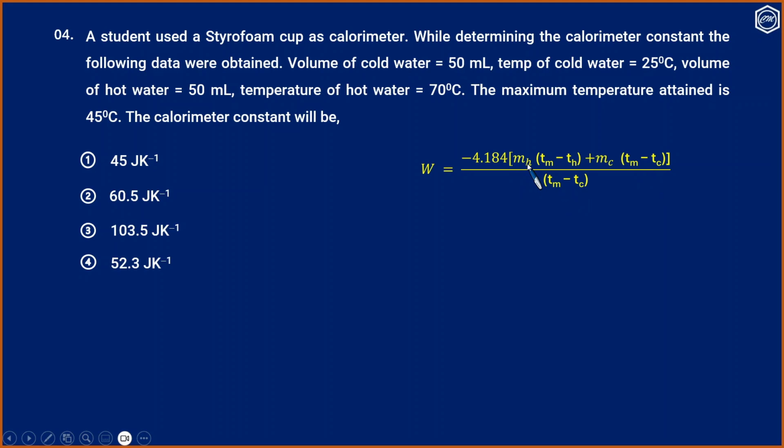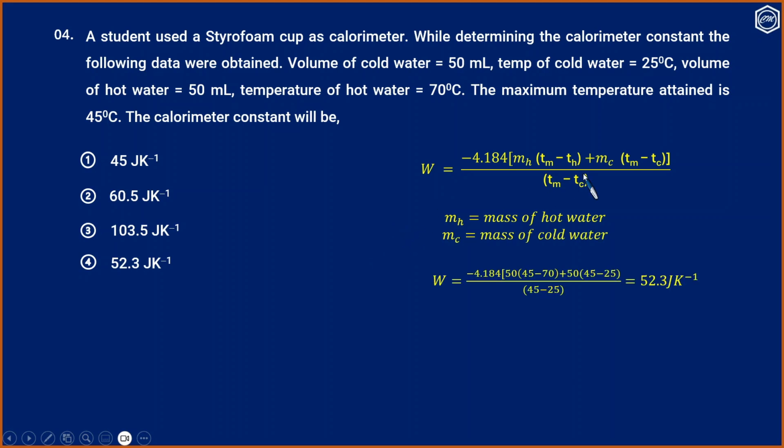Here mH is the mass of the hot water, mC is the mass of cold water, Tm is the maximum temperature, Th is the temperature of hot water, and Tc is the temperature of cold water. Substituting these quantities and upon simplification we get the answer as 52.3 joule per Kelvin. So option 4 should be the correct answer.